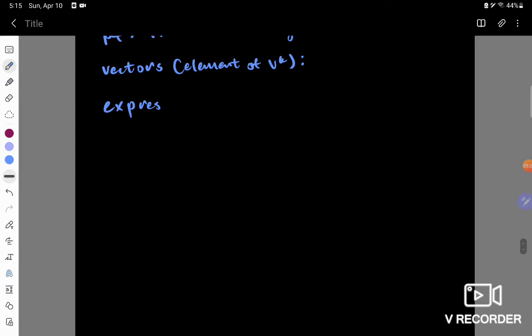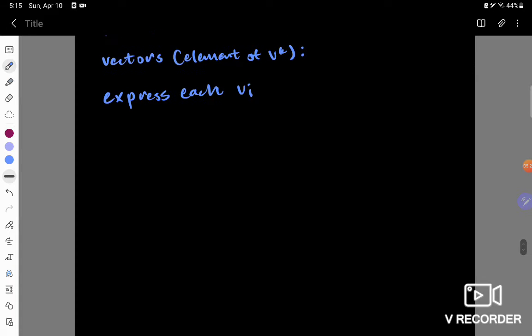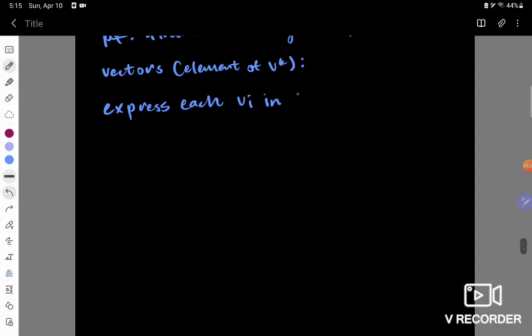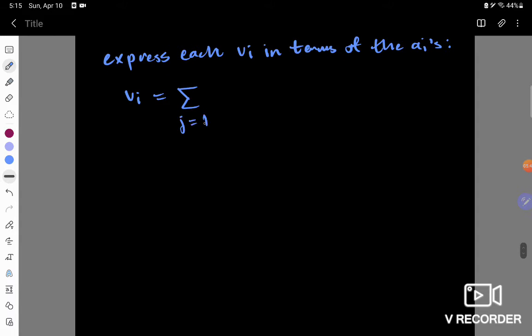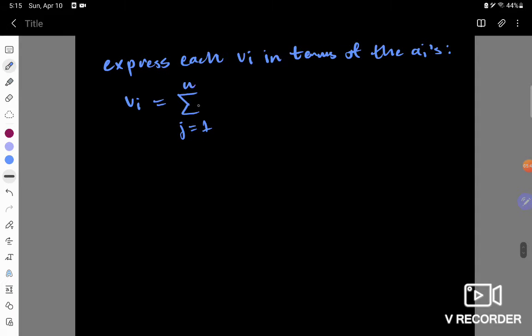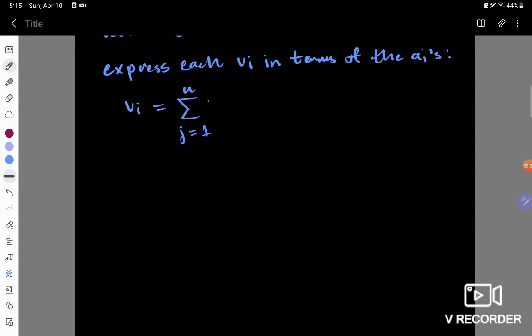Express each v sub i in terms of the a sub j's, where we state the sum, let's say j equals 1, since we're using the other index i already, to n for the dimension, of c_ij times a sub j, right?